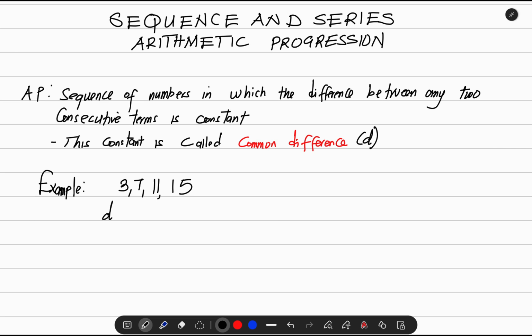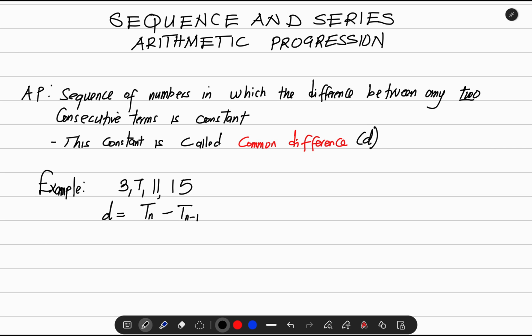The common difference is given by term n minus term n minus 1. Term n is a term after, and term n minus 1 is a term below. The key word is two consecutive.